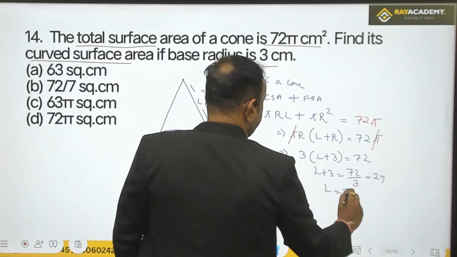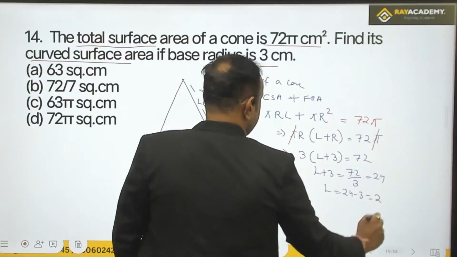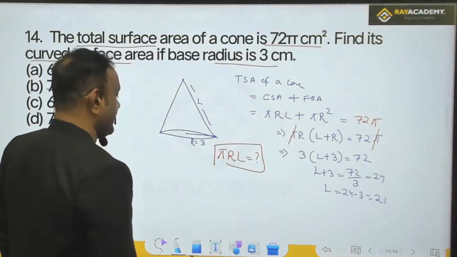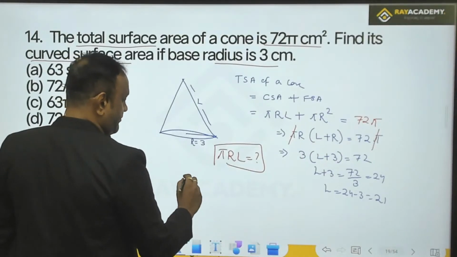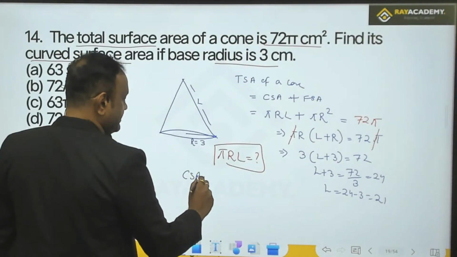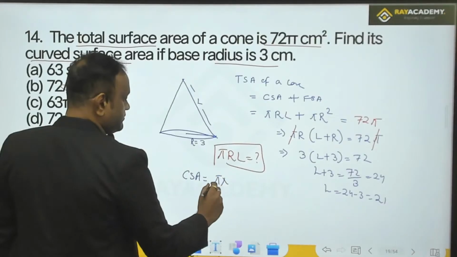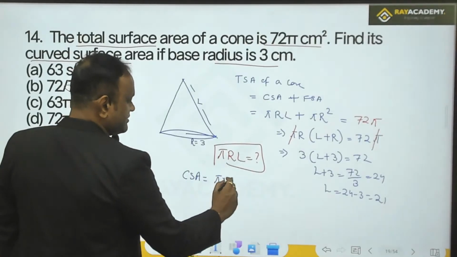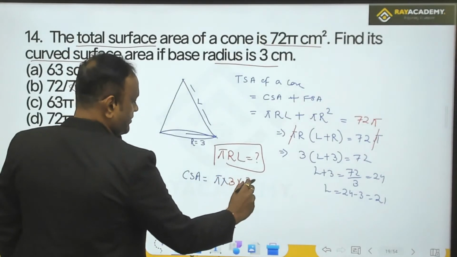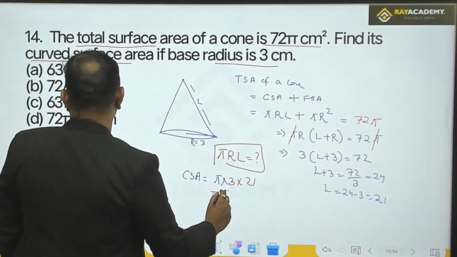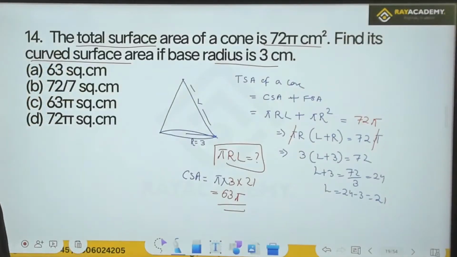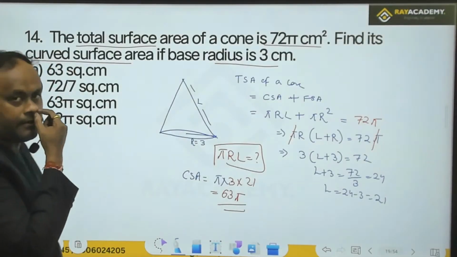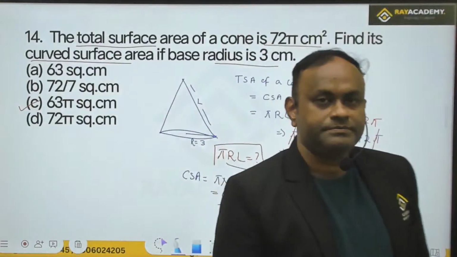So L is 24 minus 3, that is 21. So you have got L and you have got r, so we can find the curved surface area easily. Pi into r is 3, L is 21. So that is 63 pi. 63 pi is the curved surface area of the cone.